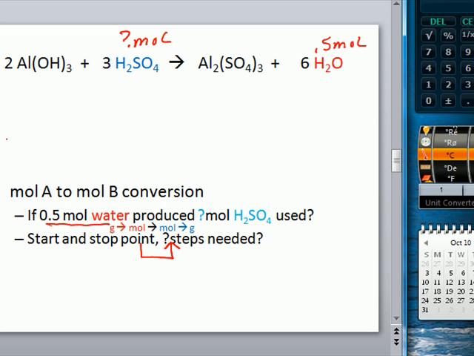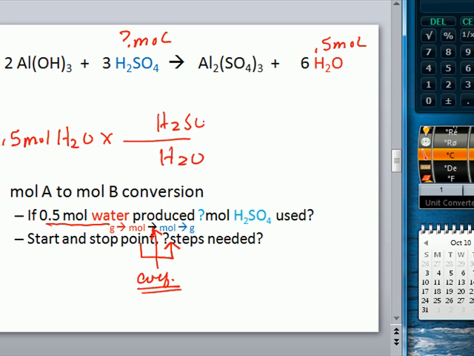So I will write down the information given, and at this point I need only my coefficients as my conversion factor. I'm in moles. I want to get rid of the water, and I want to turn it into sulfuric acid. And there are 3 sulfuric acids for every 6 waters.